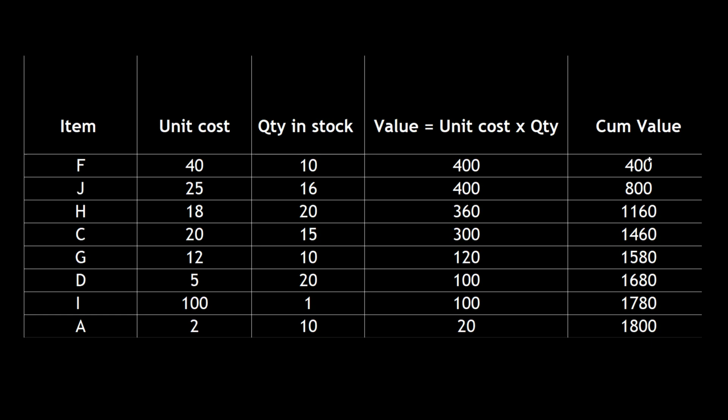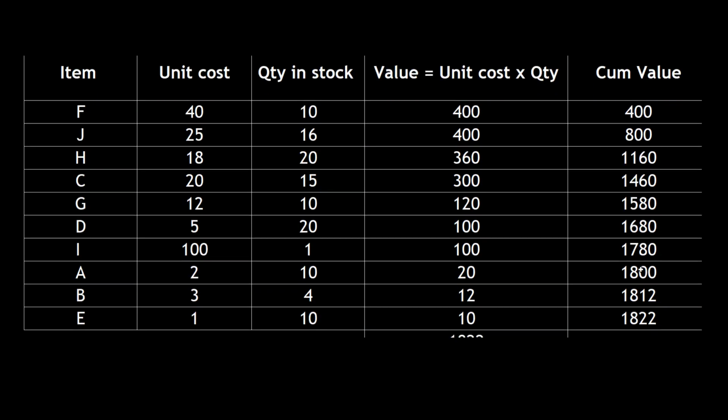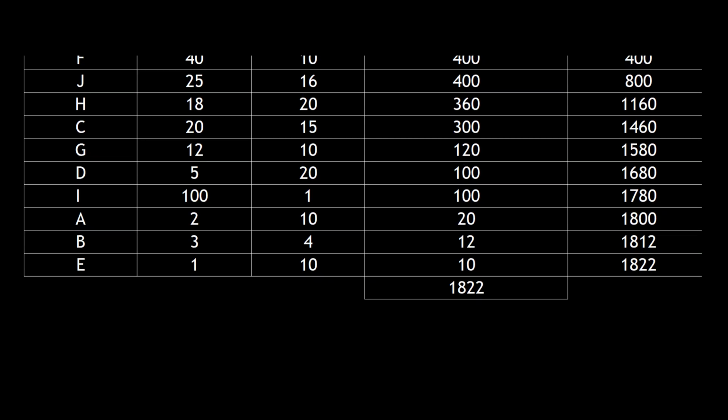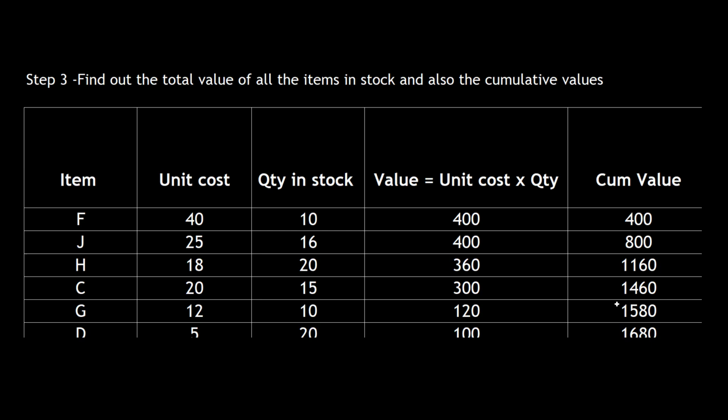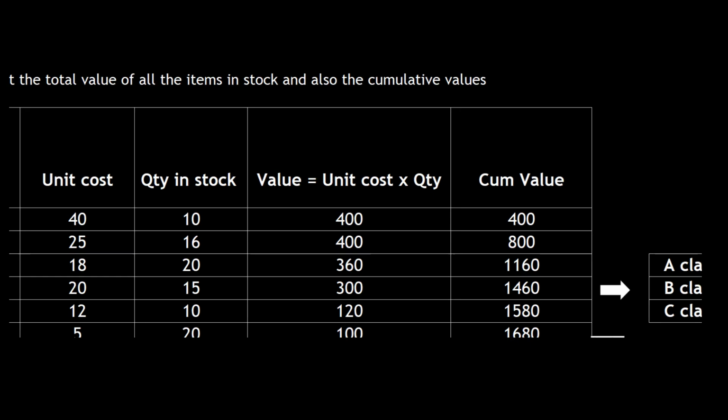For J it is 400 plus 400, 800. For H it is 800 plus 360, 1160, and so on. For item E, which is the last item in the table, we get the same cumulative value as the total value. So in step 3 we have calculated the cumulative values.